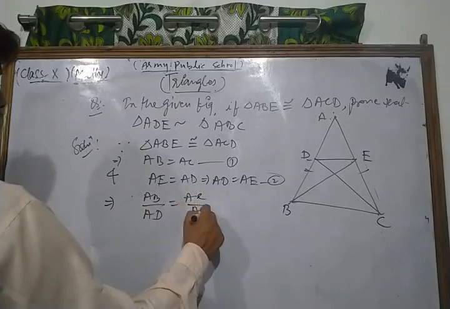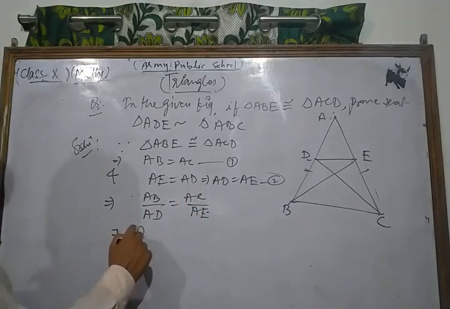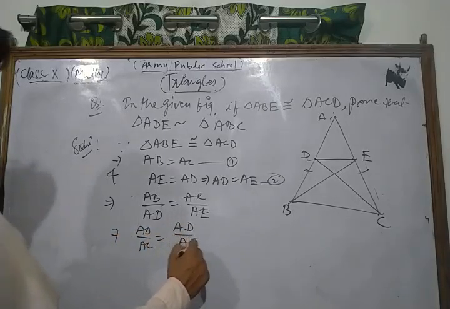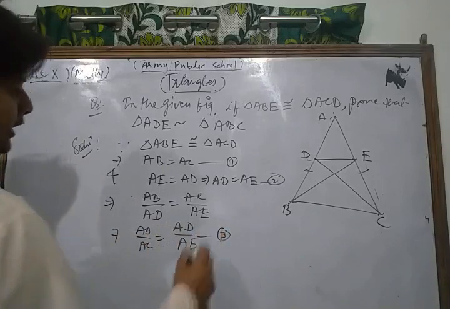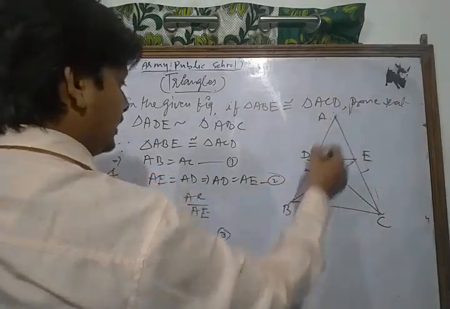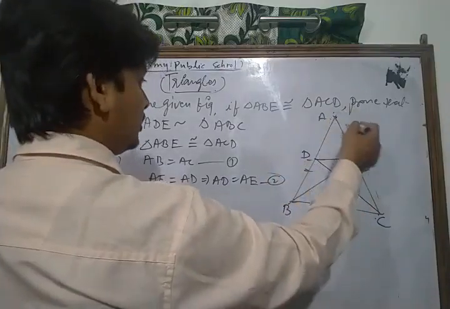Or we can write AB upon AC is equal to AD upon AE. Take this as equation number 3: AB upon AC is equal to AD upon AE.